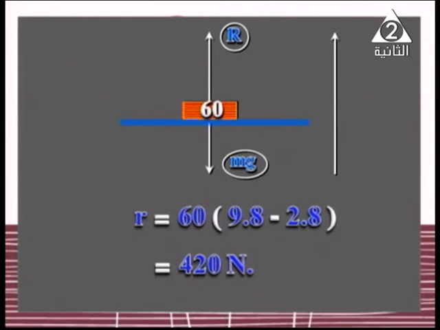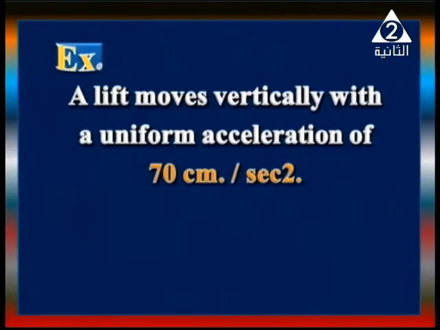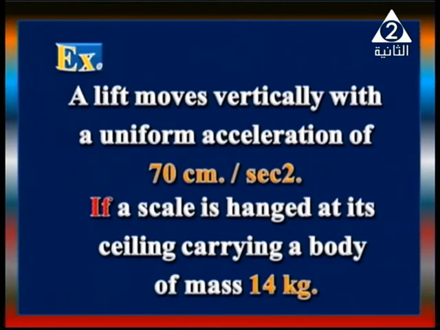Dear student, look at another example. The lift moves vertically with uniform acceleration of 70 centimeter per second squared. A scale is hung at its ceiling carrying a body of mass 14 kilogram.